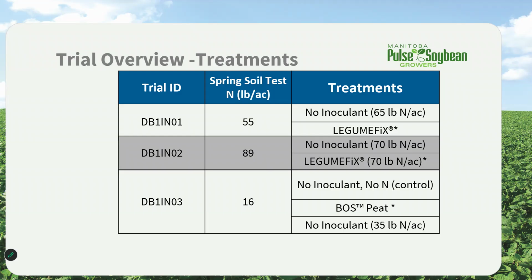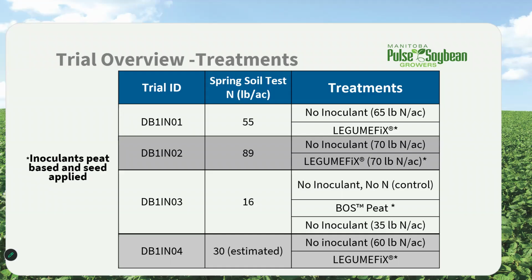At O3, there was a lower spring soil test with 16 pounds per acre nitrogen, and we had the 3 treatments of no inoculant, no nitrogen, and we call that the control, compared to a product called Bosspete. And the last treatment was no inoculant, but with a blend containing 35 pounds per acre nitrogen.